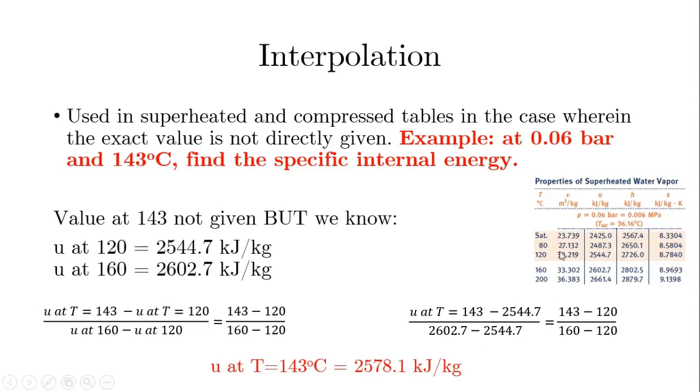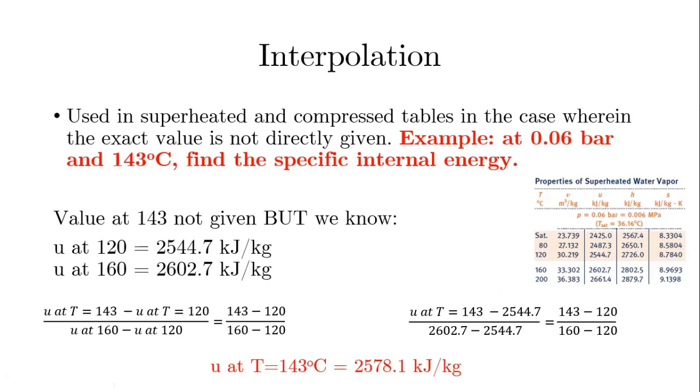Again, I'm basically constructing a straight line. If I asked you specifically for 140, you can go through all this rigmarole, or you can just take the average because you know it's going to be right in the middle. It's going to give you that too. But this is not directly 140. It's going to be something a little more inconvenient, so you're going to have to use this relation.